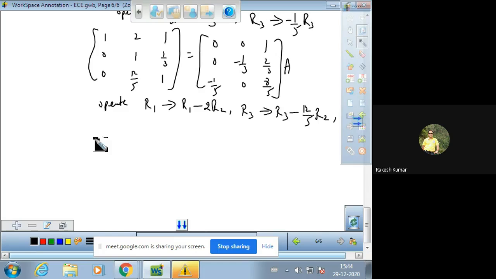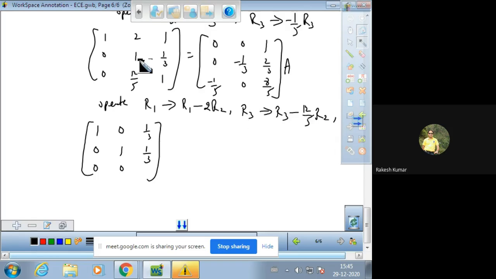It can be written, this is 1 and this is 0, and this is R1 minus 2 times R2. So 1 minus 2 by 3, that is 1 by 3. And similarly, this is 0, 1, 1 by 3 as it is. And this is 0, and this is 0 because we are using this operation here.